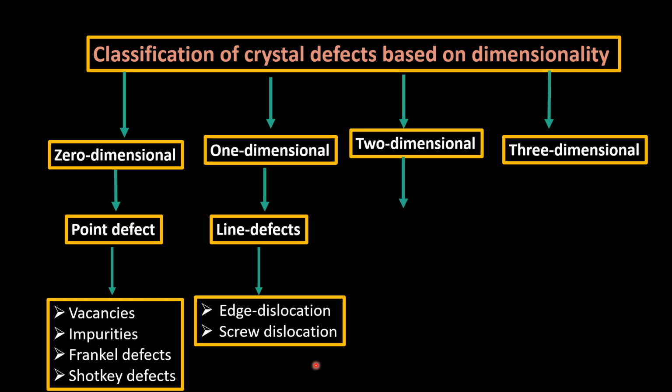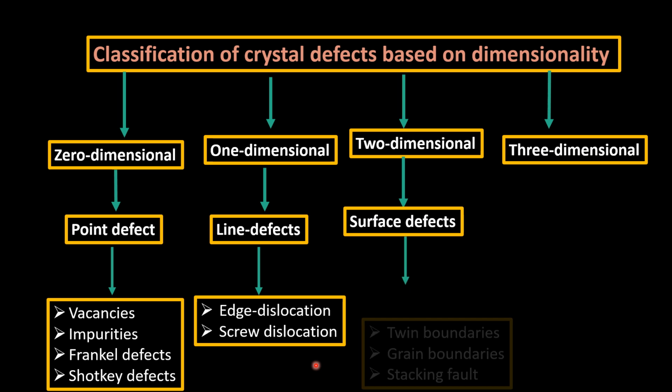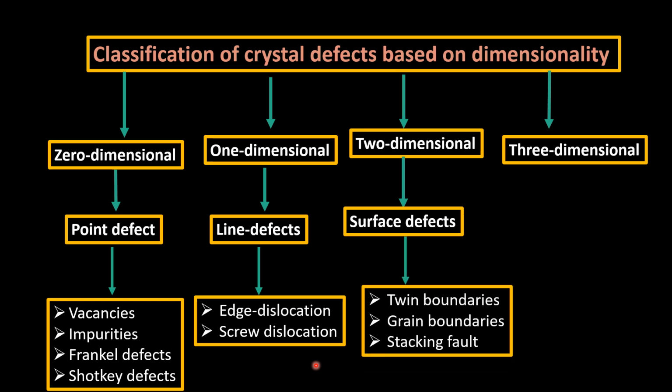And two-dimensional defects are also called surface defects or interfacial defects. These include boundaries like twin boundaries, grain boundaries, stacking faults, or tilt boundaries, and later on we will discuss in detail all these kinds of defects.